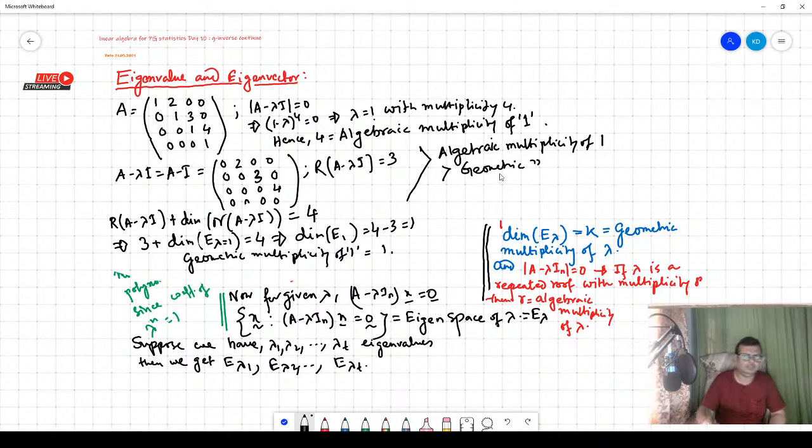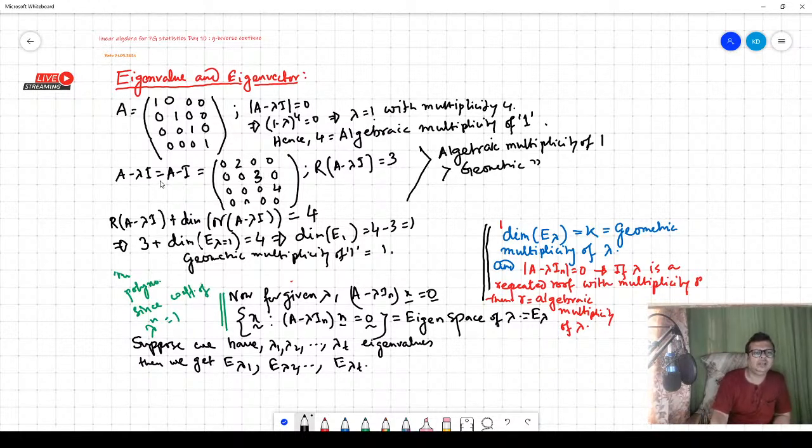Now if we consider another matrix, then determinant of A minus lambda I is again 1 minus lambda whole to the power 4, and lambda equal to 1 with multiplicity 4, hence 4 is the algebraic multiplicity of 1.